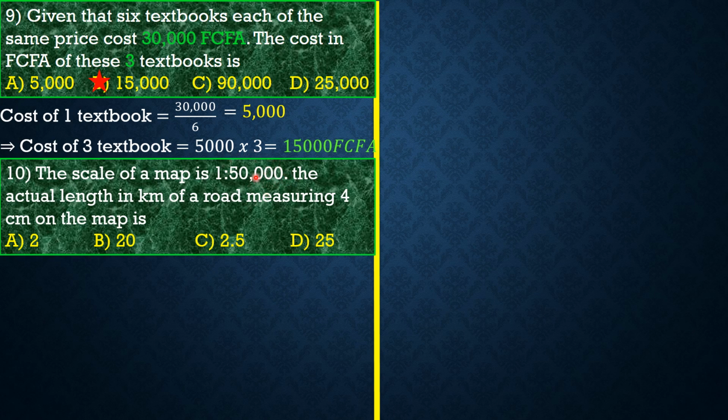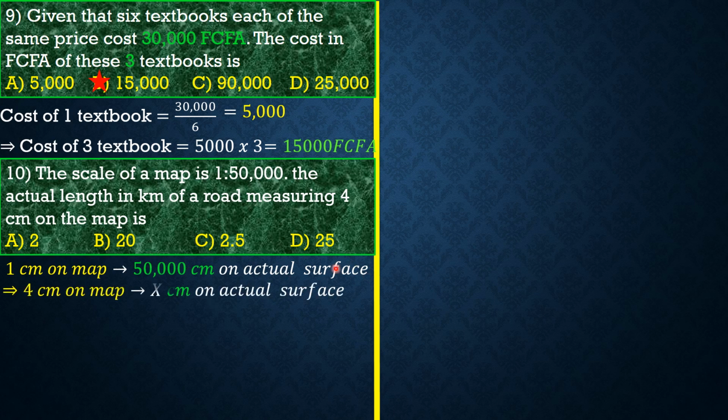Okay, that's the interpretation. 1 centimeter on the map represents 50,000 centimeters on the actual ground surface. So now, guys, to tackle this problem, all we have to do is say that if 1 centimeter on that map surface represents 50,000 centimeters on the actual surface, that therefore implies what, guys?